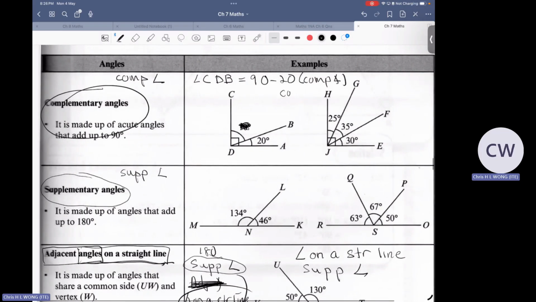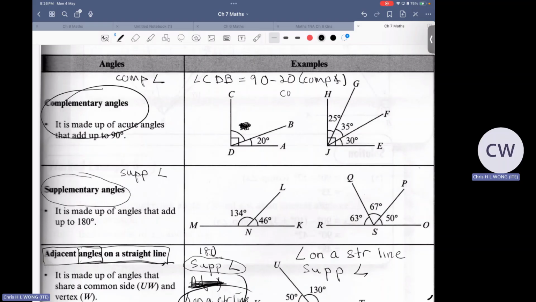Complementary. Right angle? Not wrong. The difference is this: when you say right angle, it means 90 degrees. When you put the word complementary angle, it means this plus this. I complement you, so that means two together.